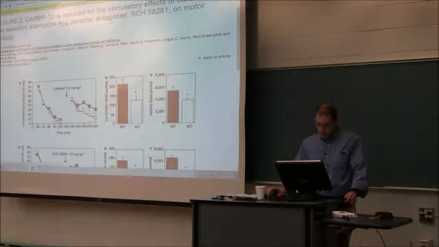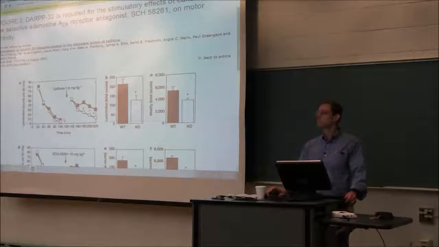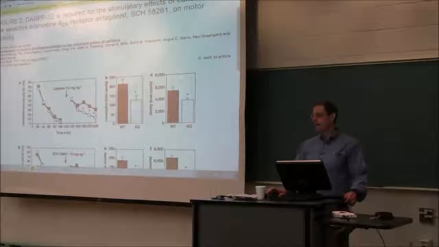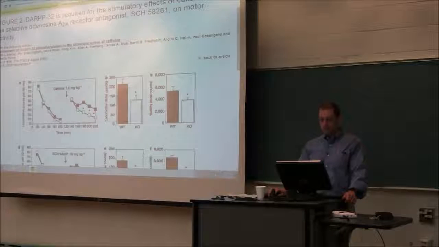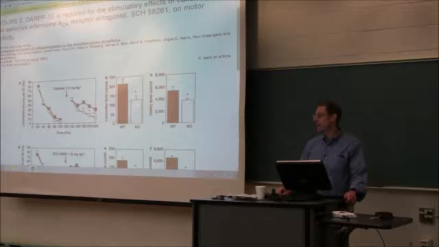So I think this first set of figures is the mice getting acclimated to the cage. They pick up a mouse, they put it in a cage. It takes about 100 minutes for the mouse to calm down. At first it's running around the cage, and then finally it settles down. So now the mouse is happy. And then at time 120 minutes, they treat the mice with caffeine by injection.